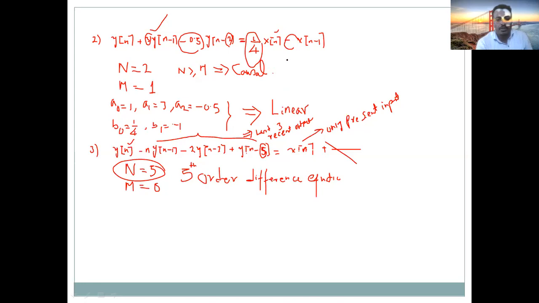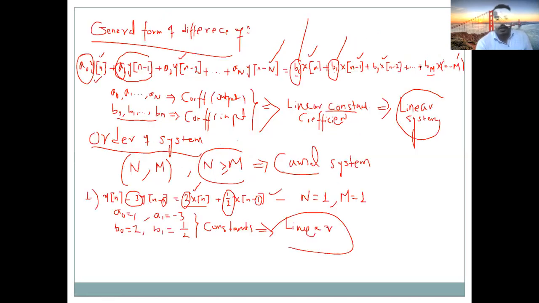How about this one? What is n? N is 2. So it will be a 2nd order difference equation. This is a 2nd order difference equation. Okay.